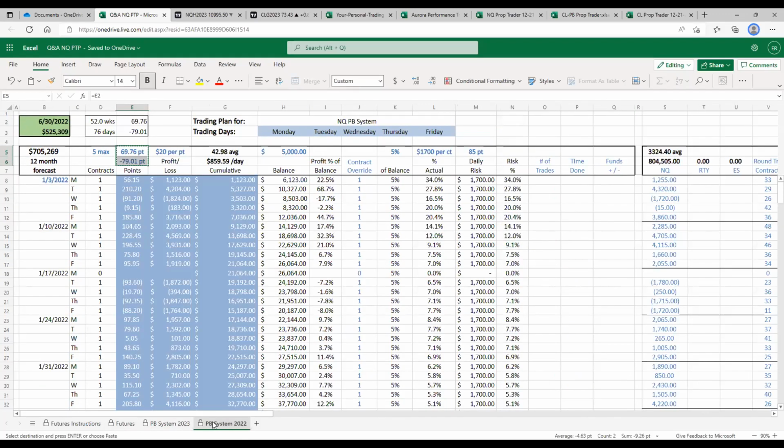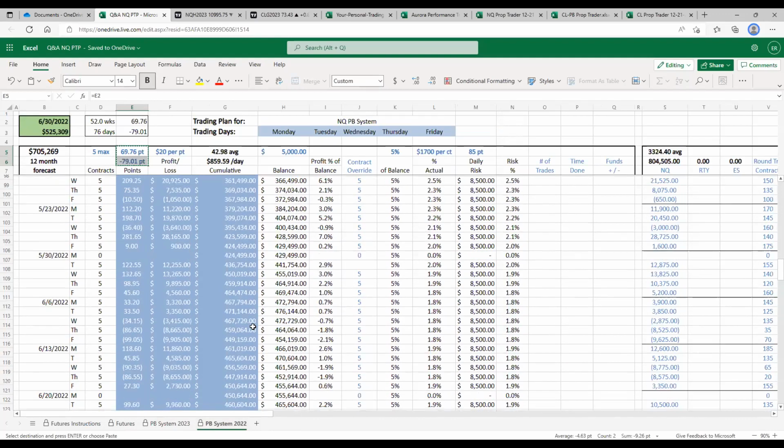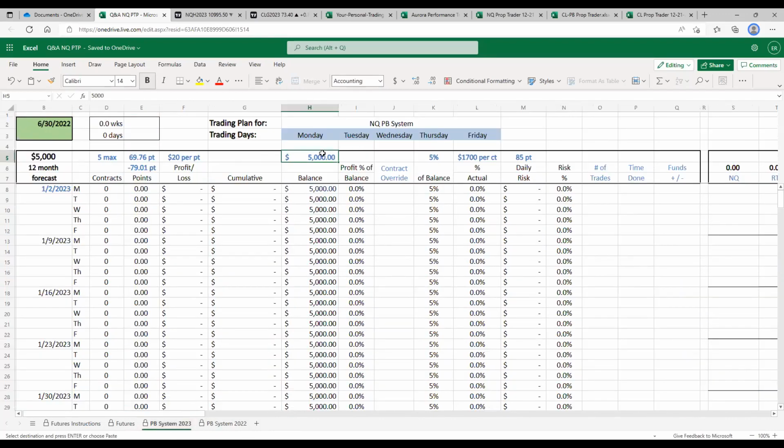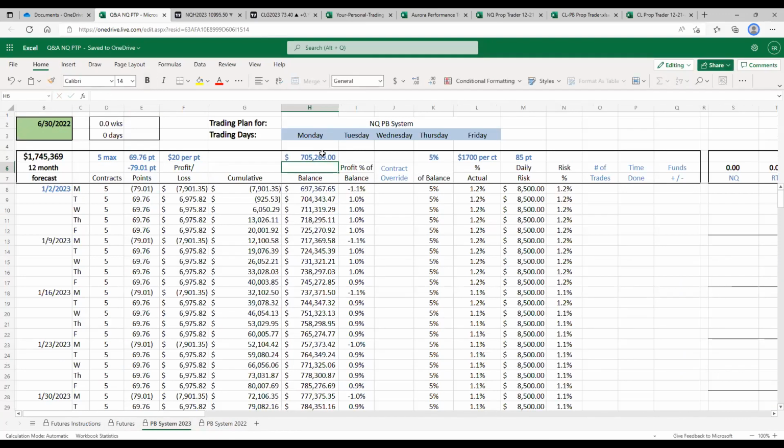Then what we're also going to look at is we ended with our balance at 705,269. So that's our starting balance, 705,269. However, that was more than, let's say, our goal. Let's say our goal was 120,000. That's well over our goal, and we want to take money out at the end of the year.